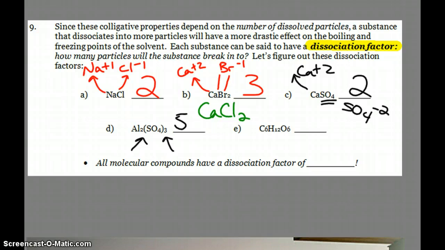Now sugar here, C6H12O6, glucose, has a dissociation factor of 1. In fact, all molecular compounds have a dissociation factor of 1 because the molecules don't break apart. The solvent breaks the solute down to the molecular level, but it doesn't actually take the molecules apart.